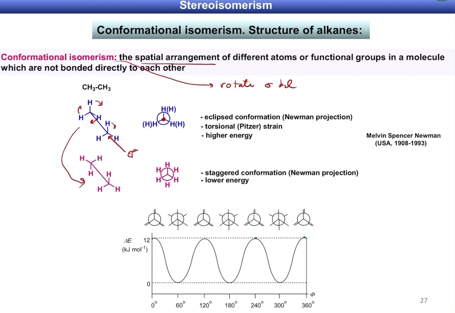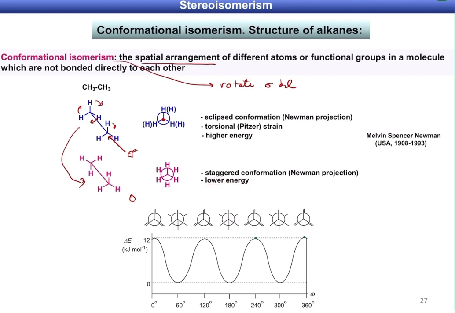And if we see it again from the same direction here, we see these hydrogens will be in the 60-degree direction. And as you see, the distance between the hydrogens increases. For example, now there is more distance between these two hydrogens, and the energy decreases, lower energy.